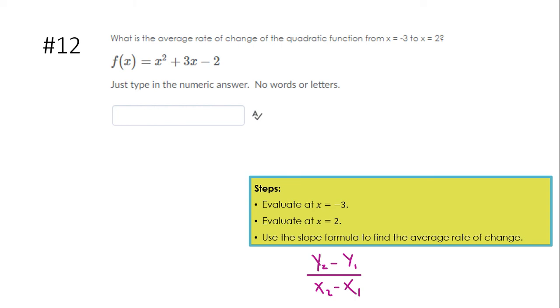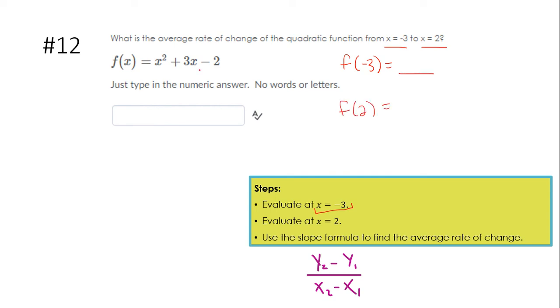All right, number 12, what is the average rate of change of the quadratic function from x equals -3 to x equals 2? So my steps: I need to evaluate my function at x equals -3. This literally means I take my function and plug in -3 wherever I see an x, and you're going to find that answer.